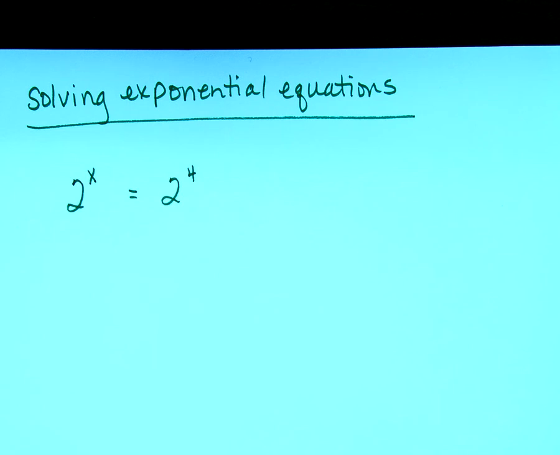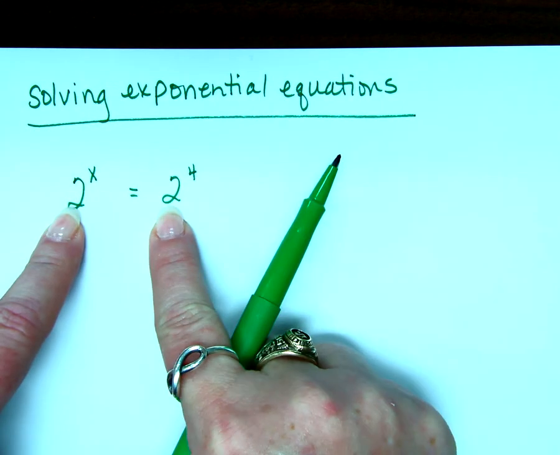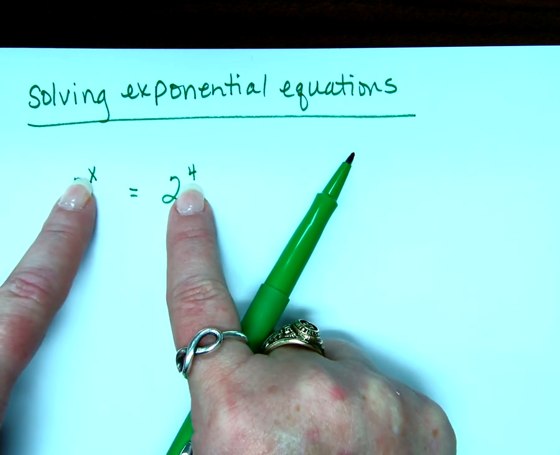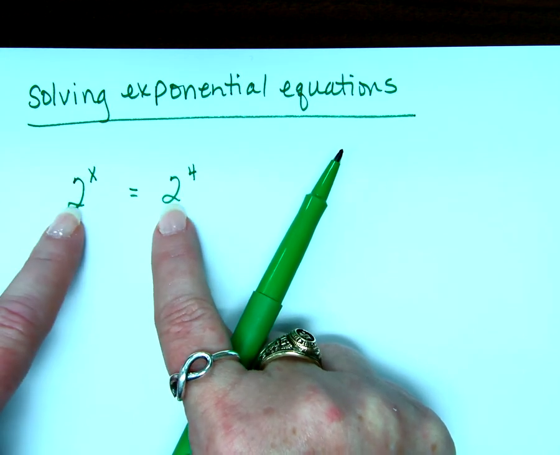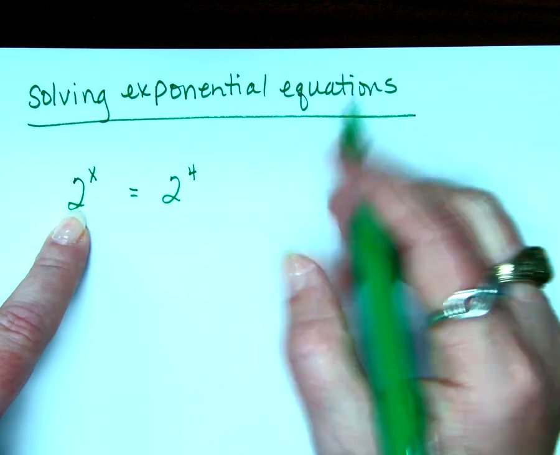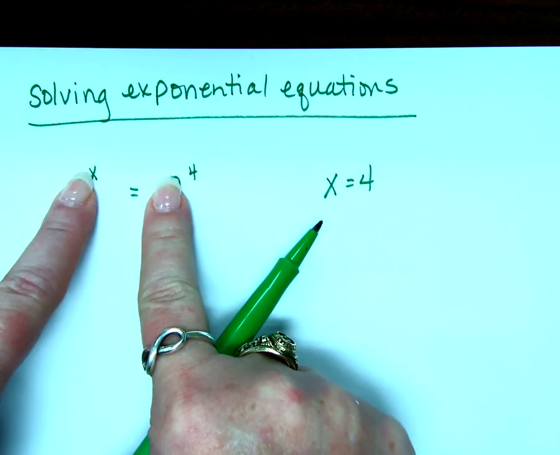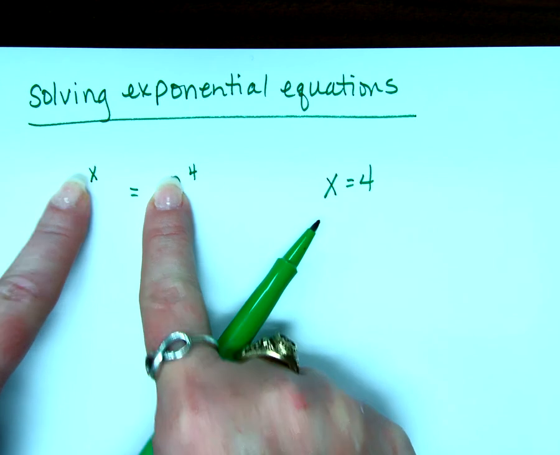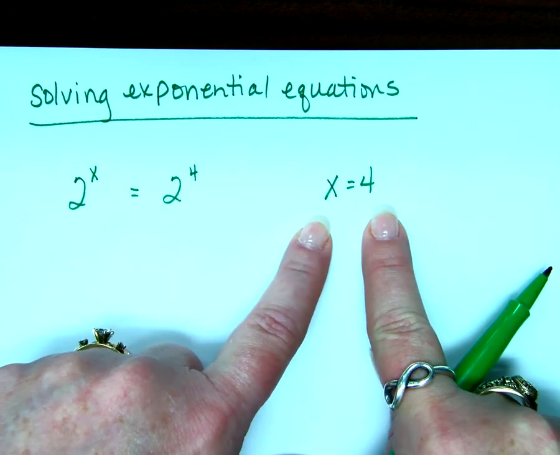Yes, it really can be this easy, right? If 2 to the x power equals 2 to the 4th, if the base is the same, what should the exponents also be? The same. So once I get it set up like this, am I allowed to just go over here and write x equals 4? Am I allowed to just ignore the bases for a second? Because they're already the same. Shouldn't the exponents be the same? So can I do this? Yeah, that's done.